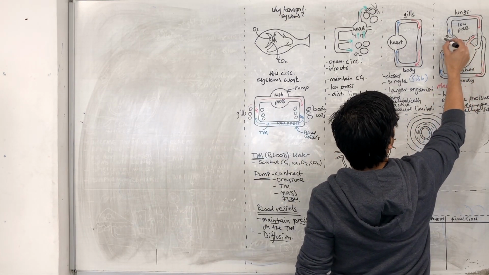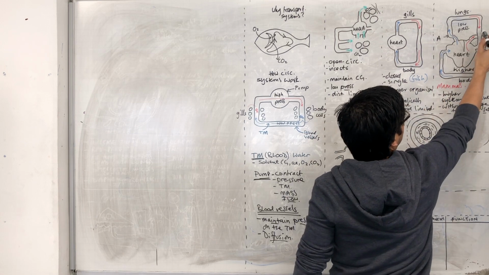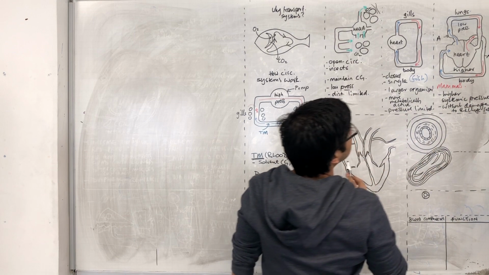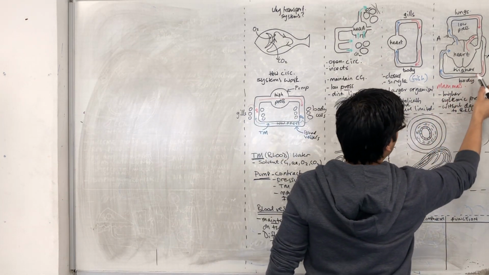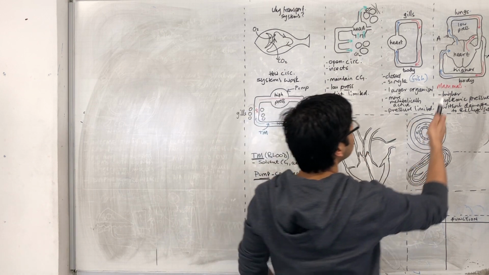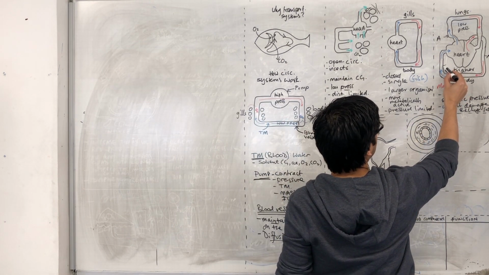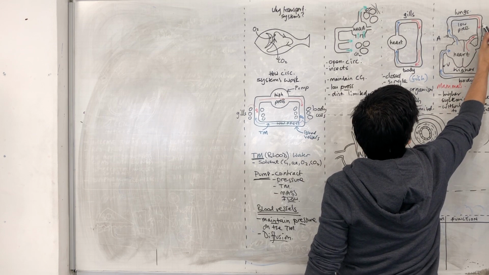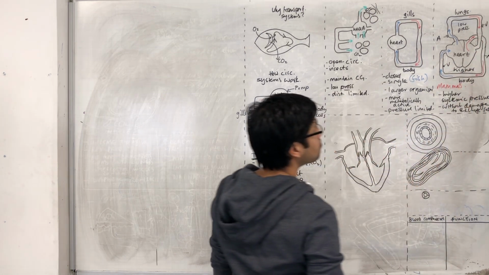So that would be an artery. Okay, and this one would be an artery. Yep. And those blood vessels bringing blood back to the heart would be known as veins. So that would be a vein there. This one would be a vein there.